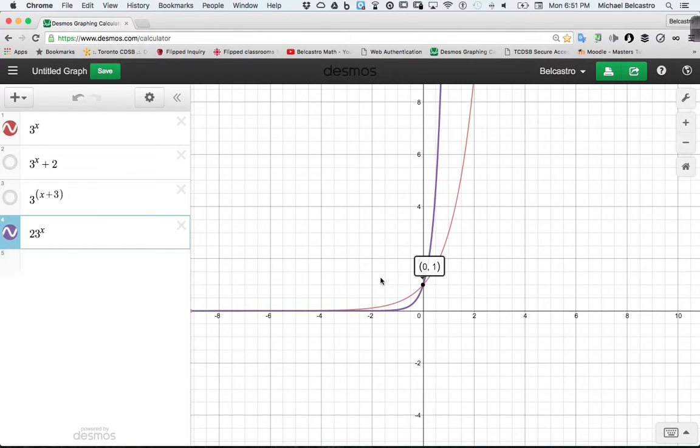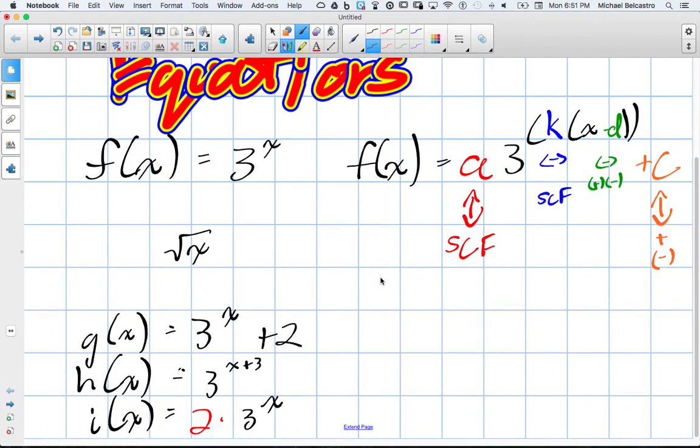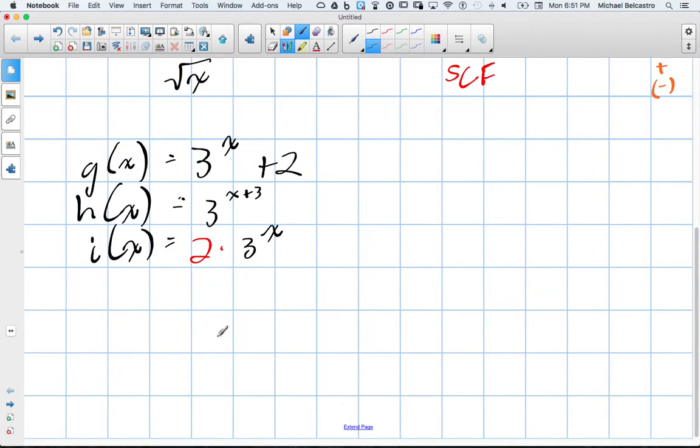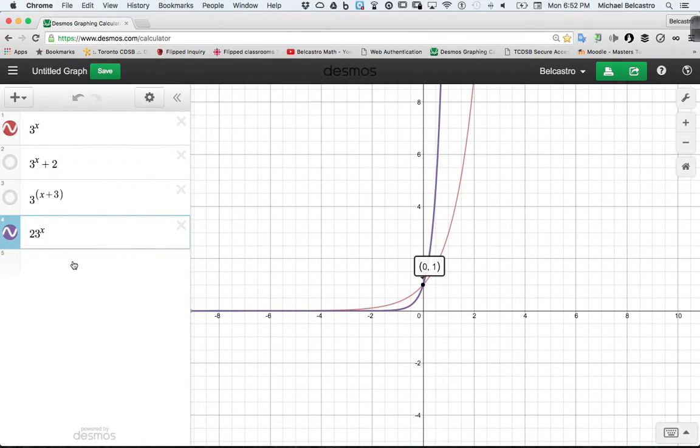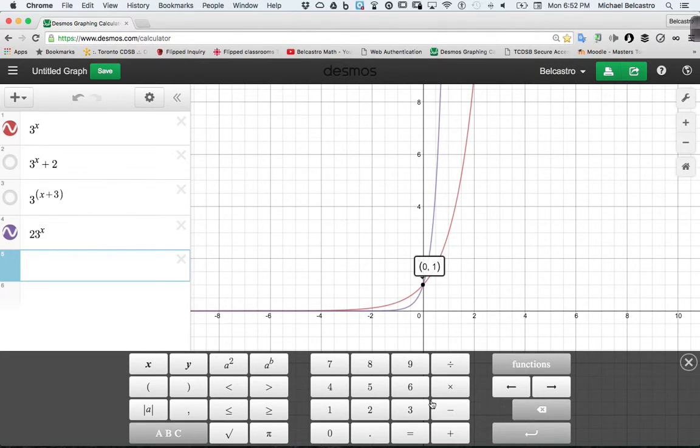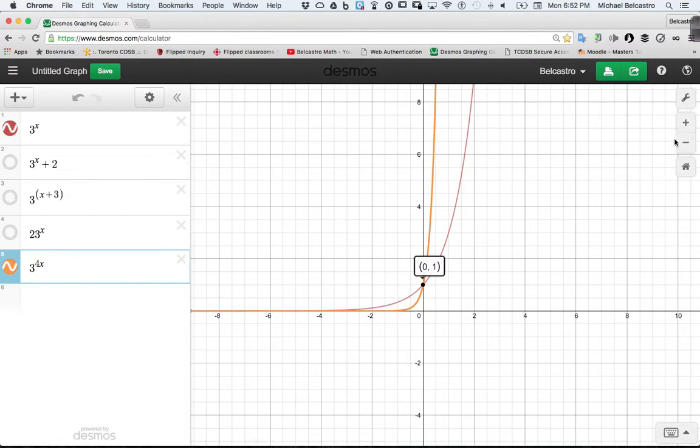And then finally, the last one we're going to talk about is j of x. Say 3 to the power of 4x. There we go, it's going to be pretty different looking too.